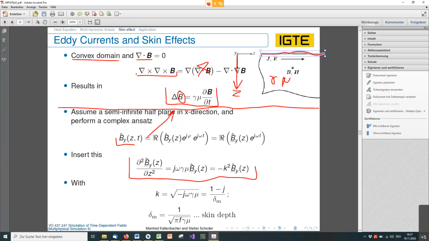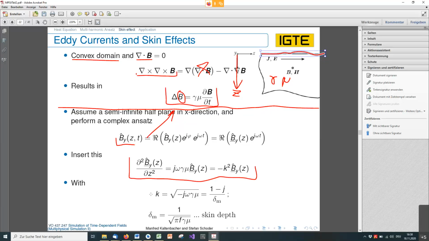That's also what we would like to derive: how the flux density decays going away from the surface of the material, and this is somehow related to the temporal change of this flux density. And here we have the equation or the relations.